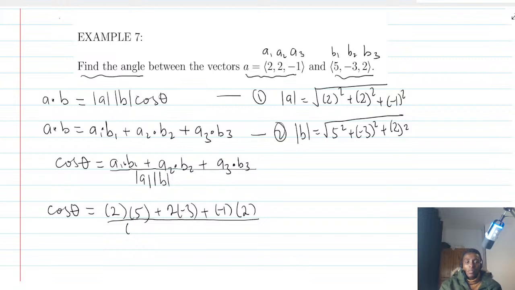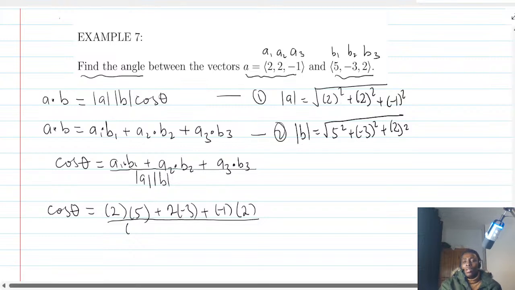Okay. So the magnitude of A is going to be square root of what? 2 squared, which is 4, plus 4 plus 1, which is 9. So square root of 9 multiplied by the square root of 5 squared, which is 25, plus 9, which is 34, plus 4, so square root of 38.